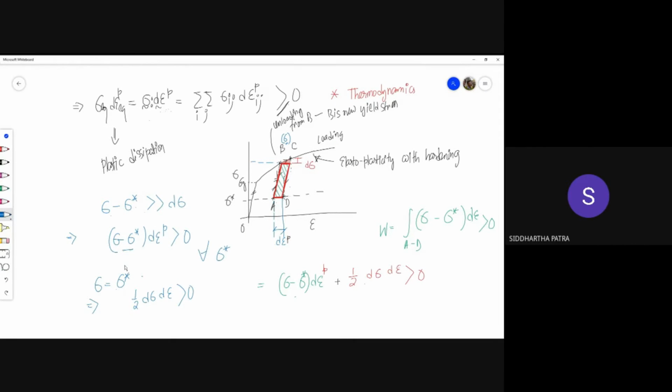So both of these results are true always. This result and this result are both true all the time, because this proof right here is for an arbitrary sigma star below the yield stress.